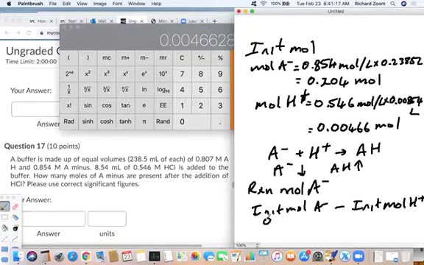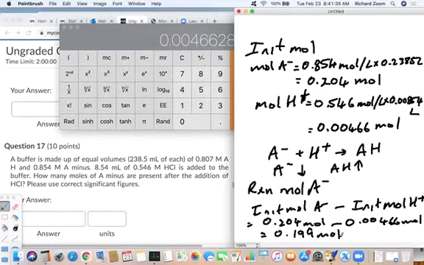So that's going to be 0.204 moles minus 0.00466 moles, which I think ends up being 0.199 moles once we take significant figures into account. Does anybody have any questions?